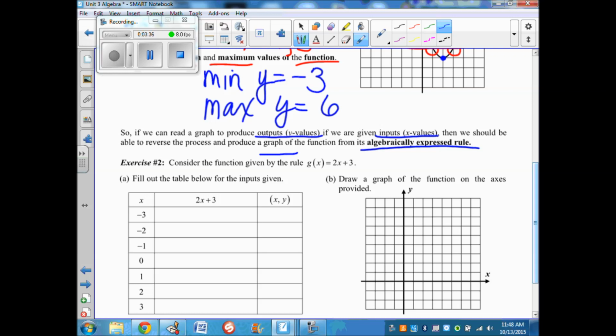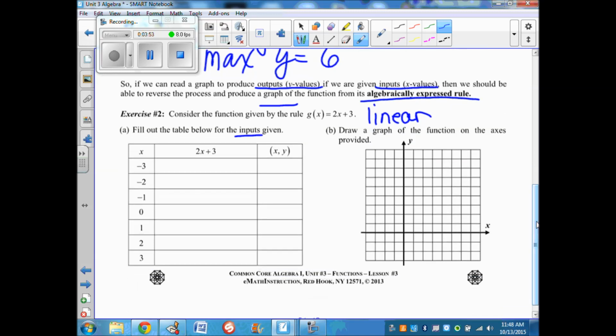So we're given this linear function, g of x is equal to 2x plus 3. 2x plus 3 is going to produce a line, so it's a linear function. It says fill out the table below for the given inputs. So we have our function, 2x plus 3, and then we have our input column.